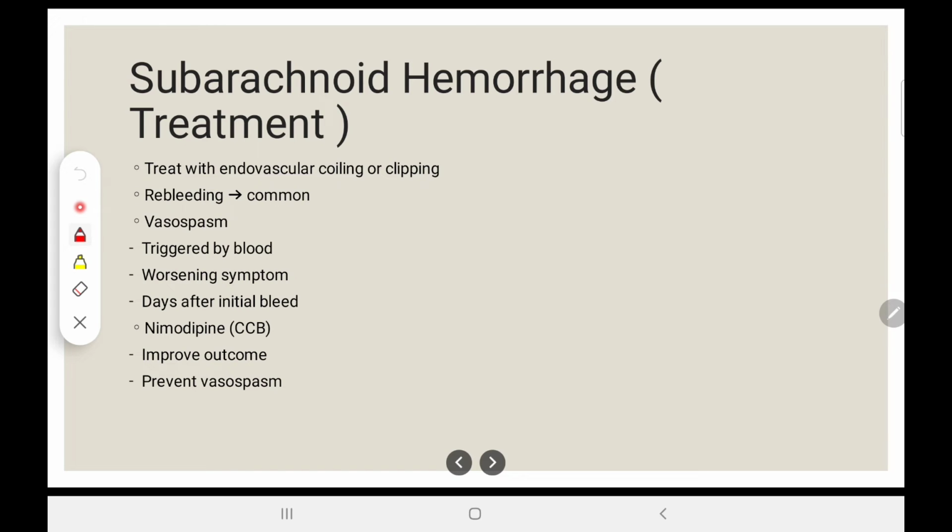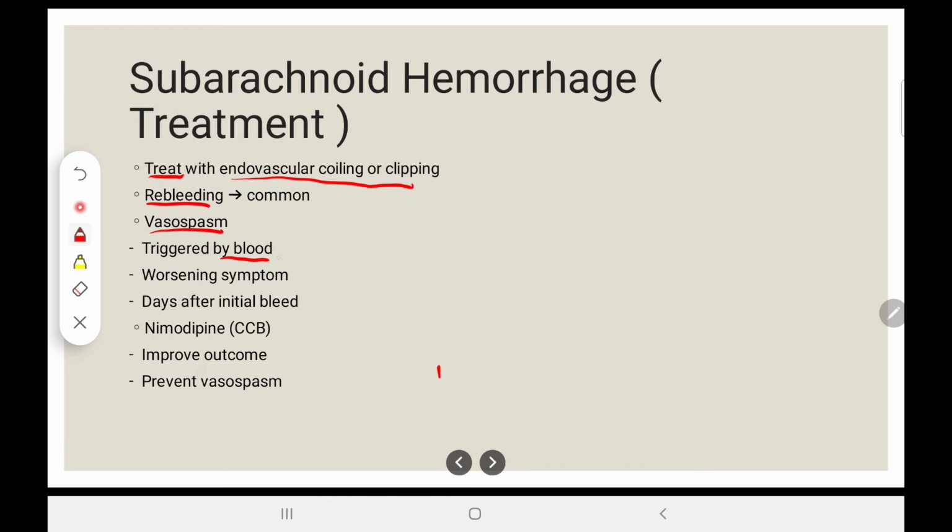Here is the treatment of subarachnoid hemorrhage. First of all, we can treat with endovascular coiling or clipping. One of the most common complications is rebleeding and vasospasm.